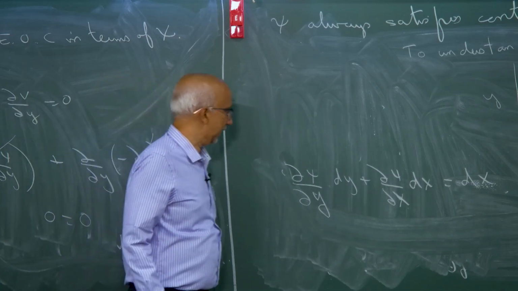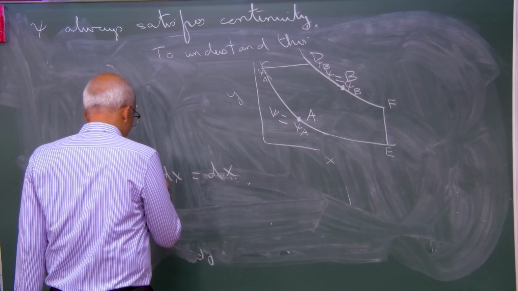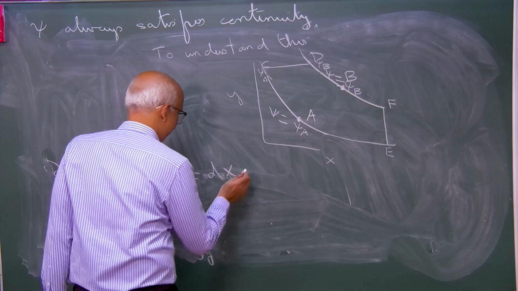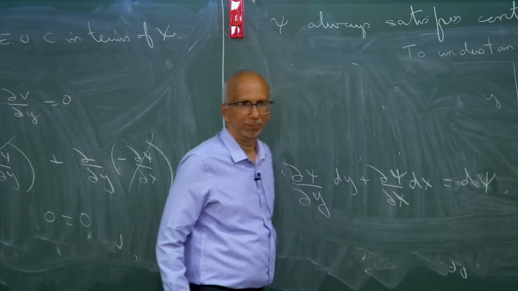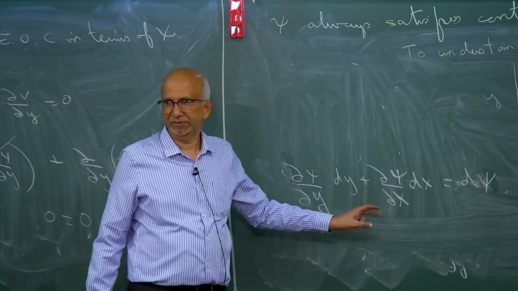Okay, you know what is happening? I think my psi and my x's are looking the same. This is not good. I will take care. So, this is d psi, this is the definition.